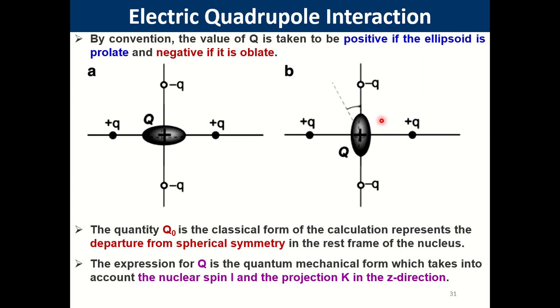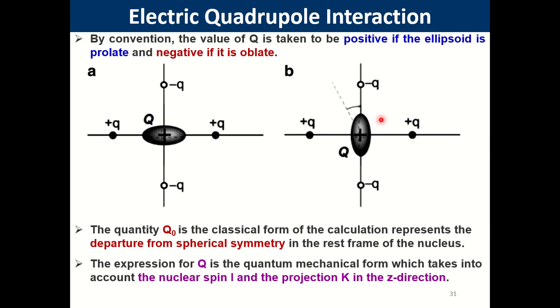However, this quadrupole will be affected by the rate at which the electric field changes with respect to distance, dE by dr, dx, dy, dz, that we can define. That is what we call the electric field gradient.